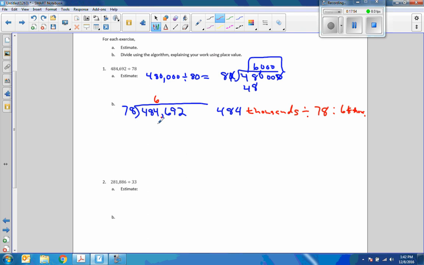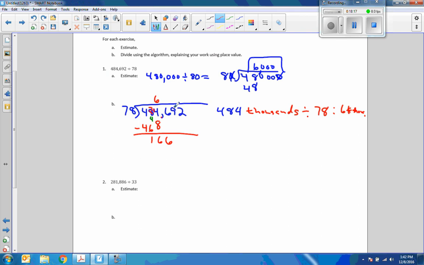Six times 8 is 48. Carry the 4. 6 times 7 is 42, plus 4 is 46. Subtract. Borrow from the 8. 14 minus 8 is 6. 7 minus 6 is 1. Bring down the 6.